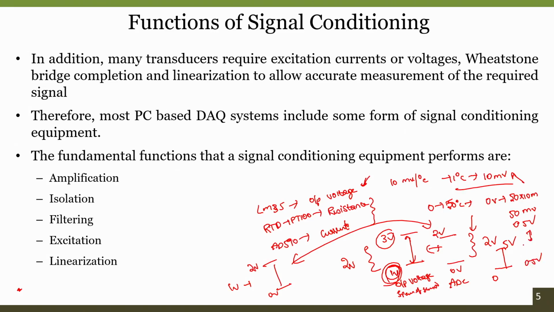So see how many levels. Suppose you are taking an ADC of low bits, this 0 to 0.5 volts will fall under a variation of either 1 bit or 2 bits, not more than that. Or if you are looking for very good resolution of the complete system output, you have to go with a higher bit ADC. Rather than doing that, if we can amplify the input voltage signal by a factor of 10, 0.5 will be multiplied by 10, so that you will get 5 volts.